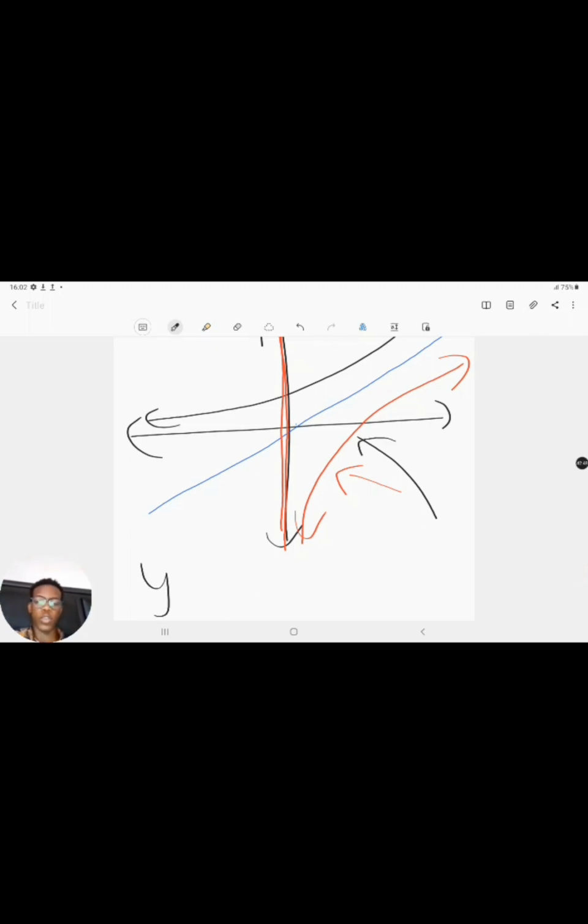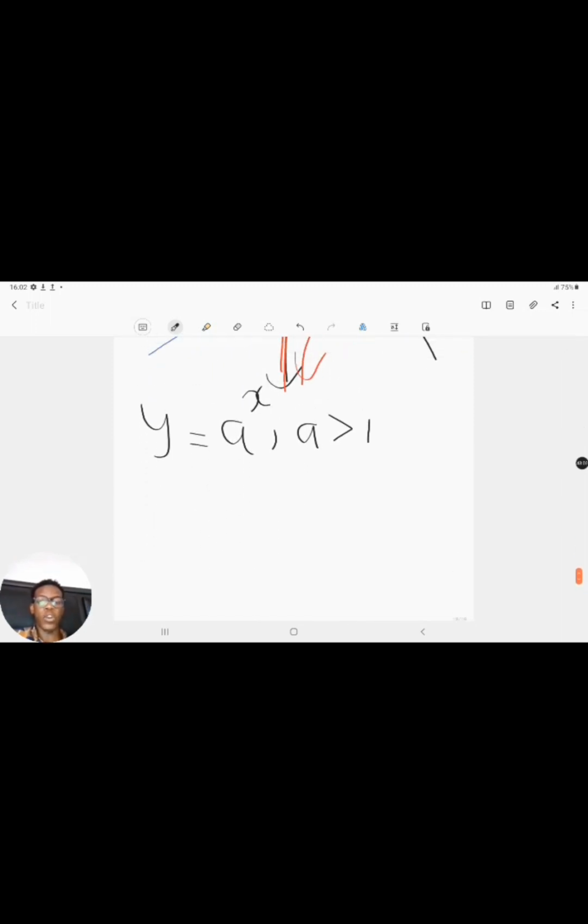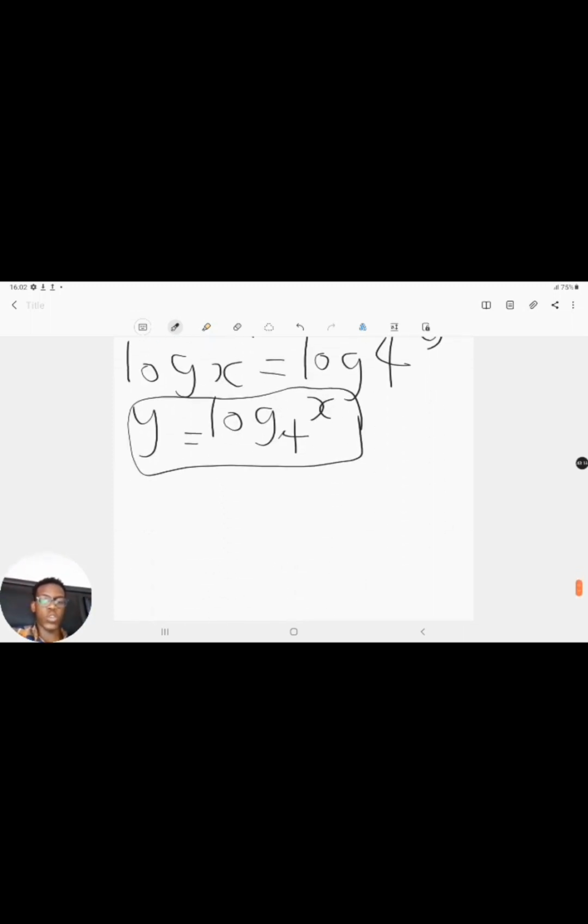Now, if you have an exponential function that is given by y is equal to a to the power of x, where a is greater than 1, then your inverse is going to be log, where you had your a, that's where you had your 4 here.